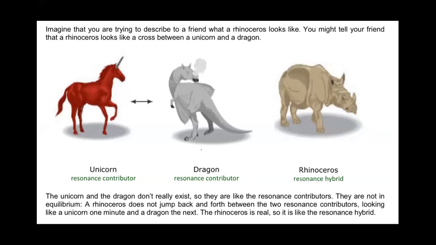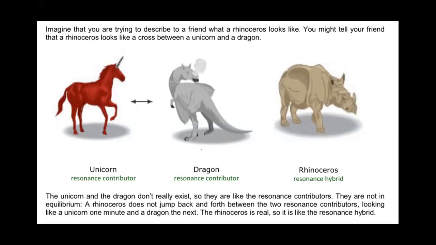So a rhinoceros can show properties of both unicorn and dragon, but unicorn and dragon do not actually exist. They are just like resonating contributors, resonating structures. They are just hypothetical creatures.